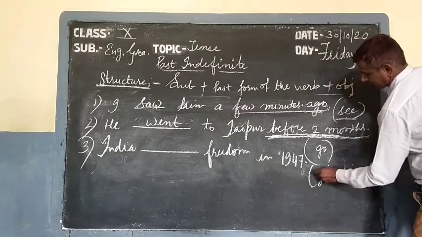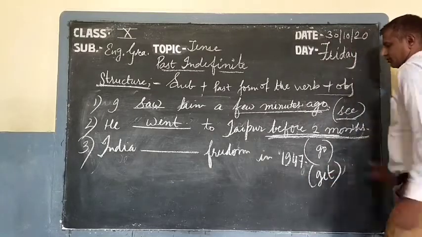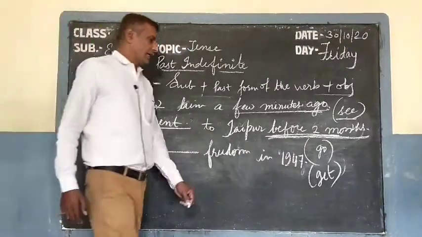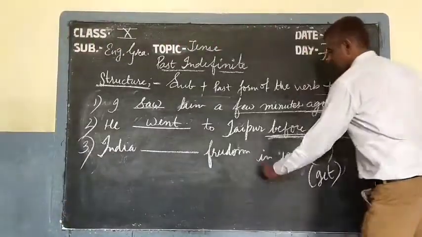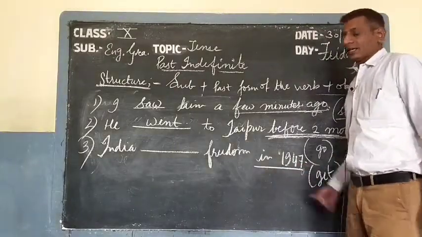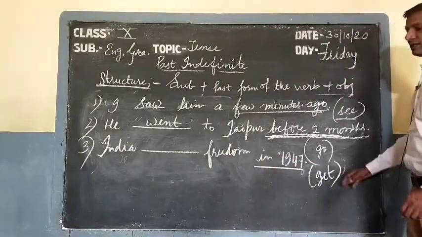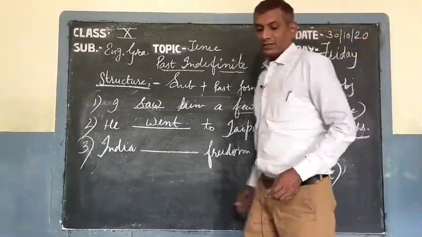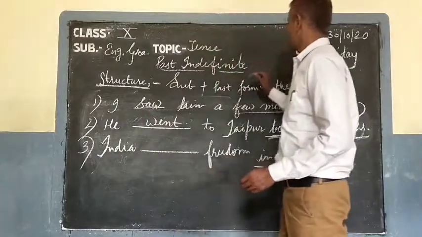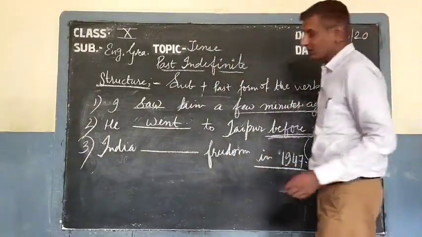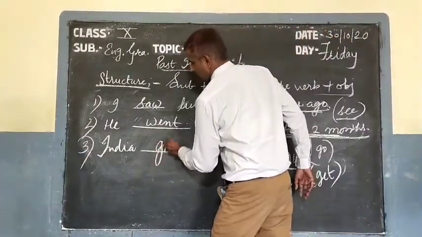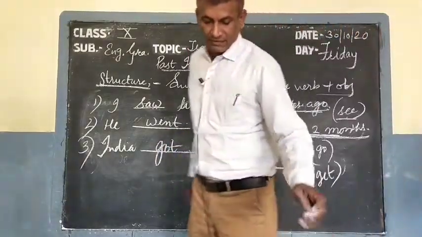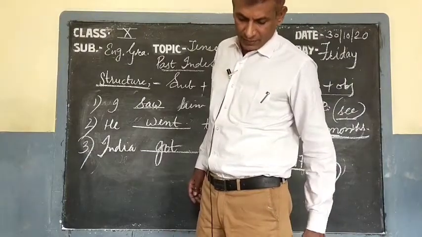The verb is get. So I told you in identification words, if there is any year with timing, year in 1947, it means we will use the past indefinite, and according to past indefinite we use the past form of get, got. India got freedom in 1947.